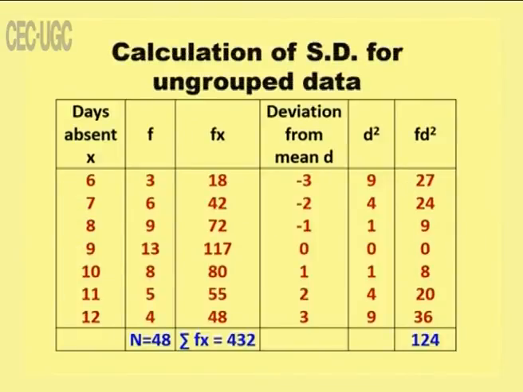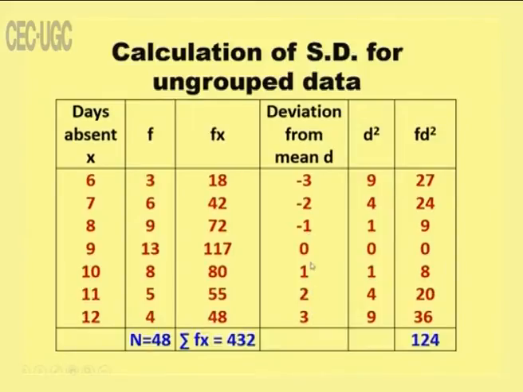Now, how to calculate the standard deviation? Here we are tabulating it. The days absent we take as x, and their corresponding frequency f, and here the product of f into x, that means 3 into 6, 18, something like that. And the deviation: in the previous episode we discussed how to calculate the mean by the assumed mean method, and therefore here we are assigning 0 for this class, and all those above are minus 1, minus 2, minus 3 and below are 1, 2 and 3.